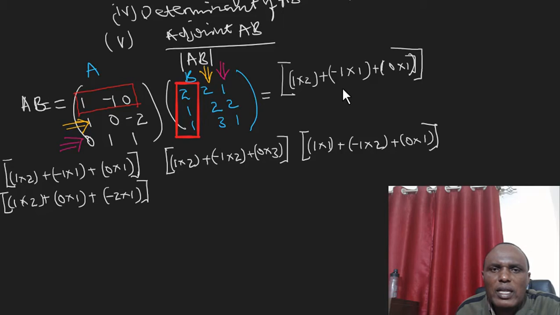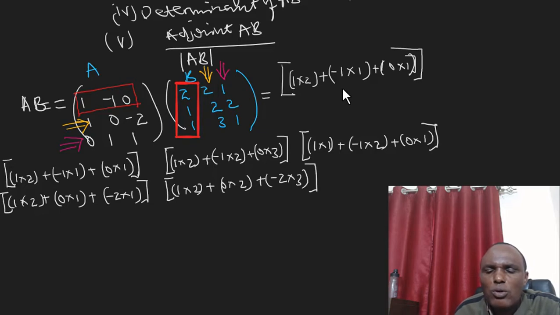We go to the second element, multiplying by the second column of B: 1 times 2 plus 0 times 2 plus negative 2 times 3. Now we have the second element of row number 2 in the product matrix.